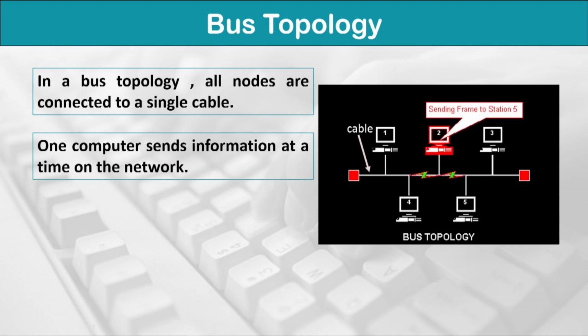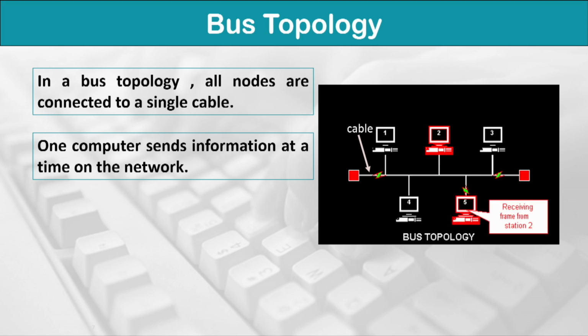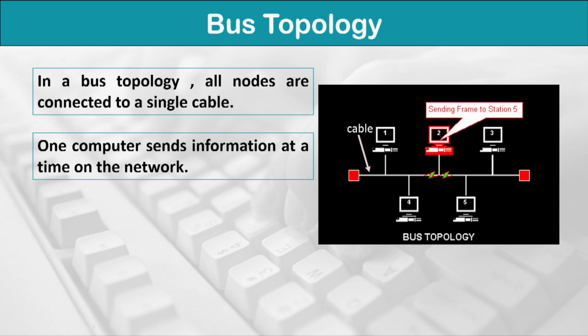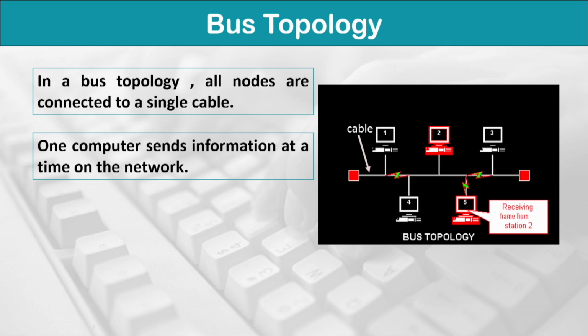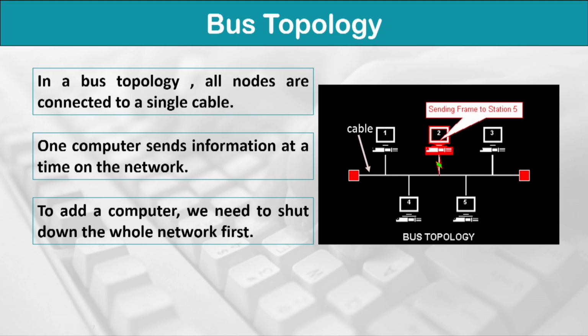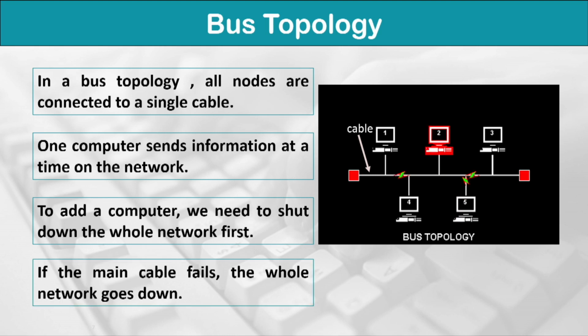As you can see on the screen, computer 2 is sending information to computer 5 along the main cable. To add a computer, we need to shut down the whole network first. And finally, if the main cable fails, the whole network goes down.